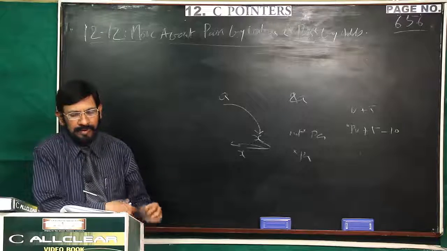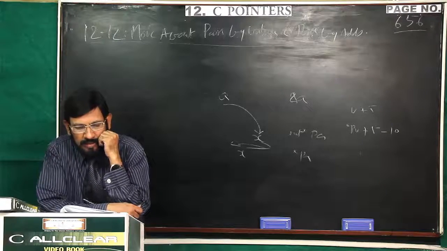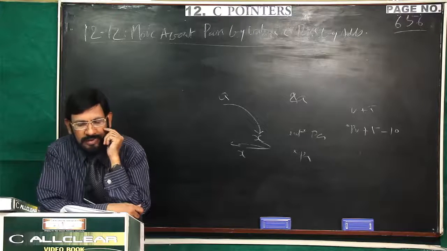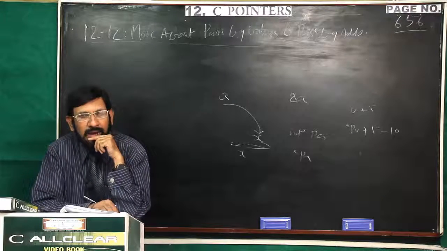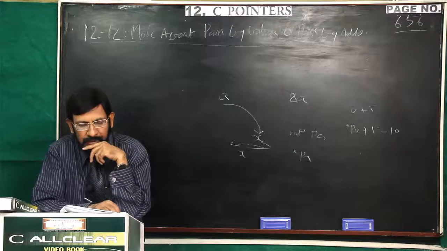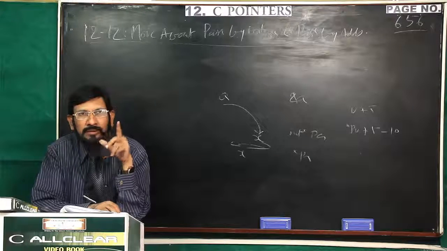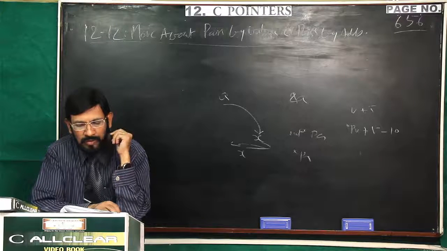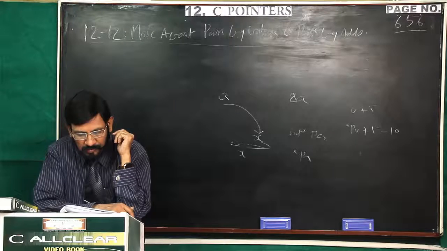Here, 12.18, what we are doing here, we are finding the volume of the cylinder. R is 5, H is 10, and in the 15th line we have the parameterized macro we created, and we found the volume of the cylinder and got the value.